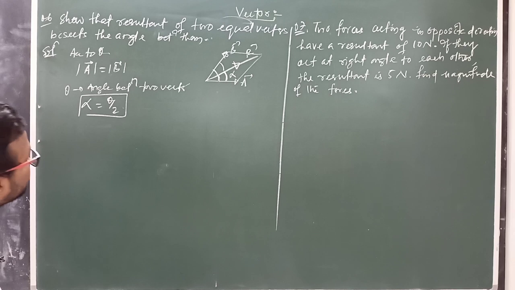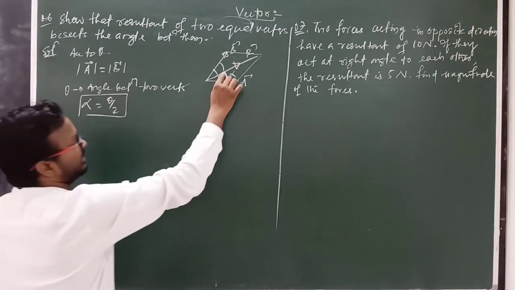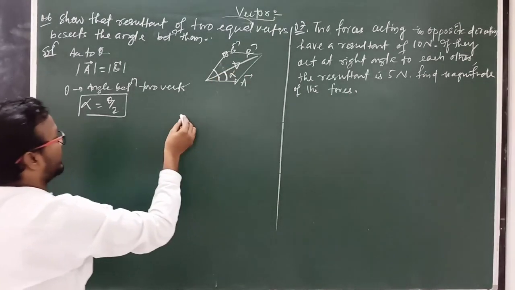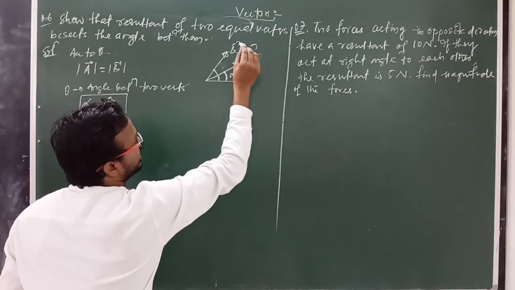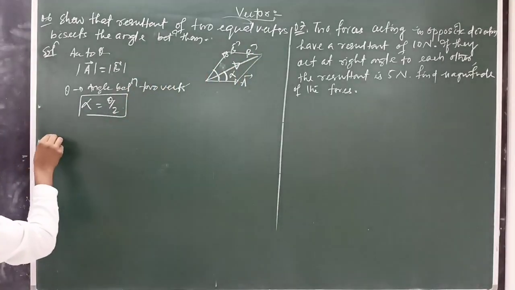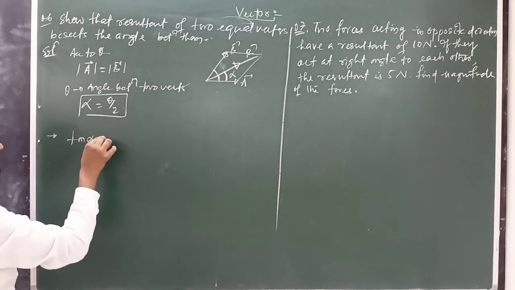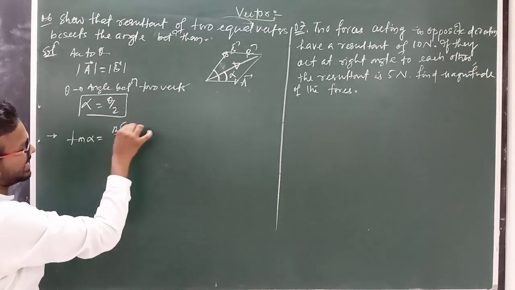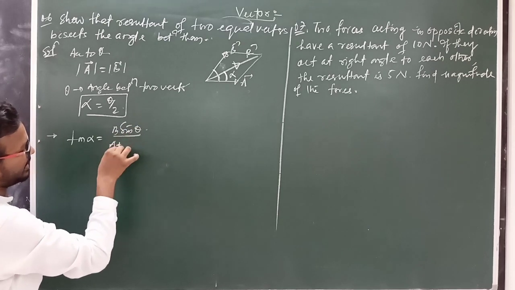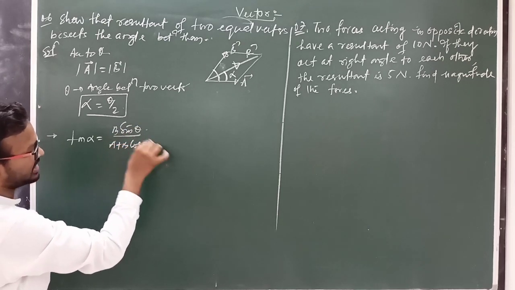Clear? So given alpha, if we complete the parallelogram, and we already know how to find the direction of the resultant vector, tan alpha equals b sin theta divided by a plus b cos theta.